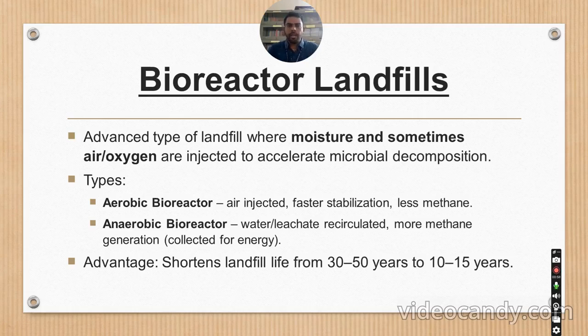The aerobic bioreactor is an air-injected reactor, with faster stabilization and very little methane production. In the anaerobic one, in the absence of air, leachate is recirculated and more methane is generated.